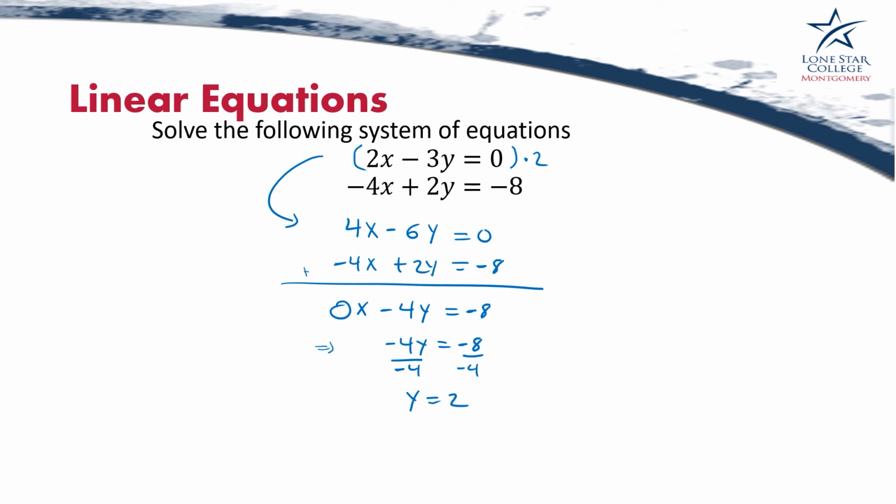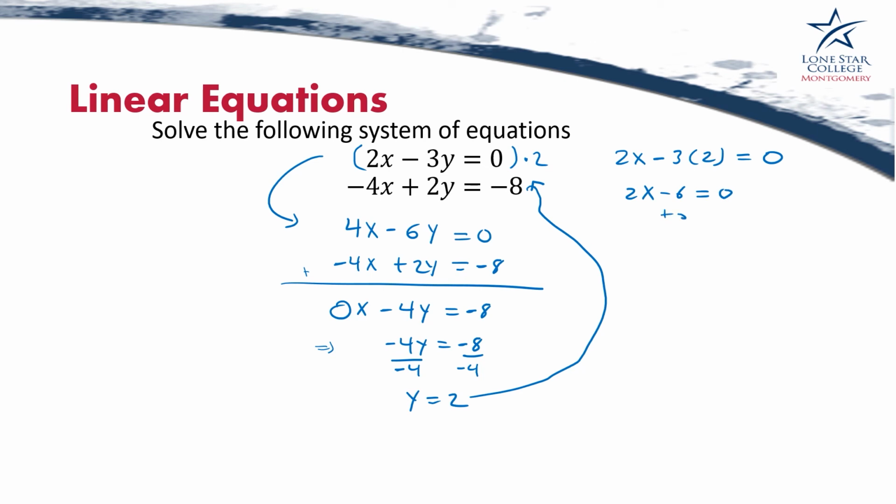So we solved for y, but when solving a system of equations, we have to solve for both x and y. So we plug this back into either equation; it doesn't matter which one. Let's plug into the first one to make it easier for ourselves. So we have 2x minus 3 times y, which is 2 we just found. So we have 2x minus 6 equals 0.